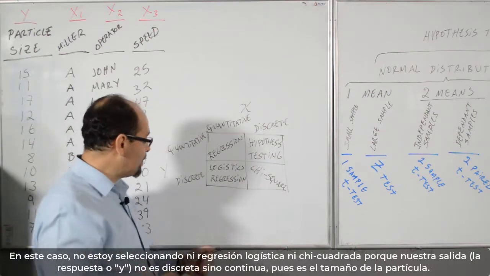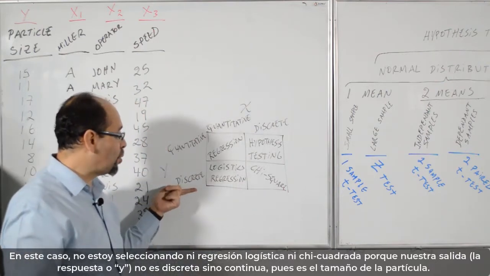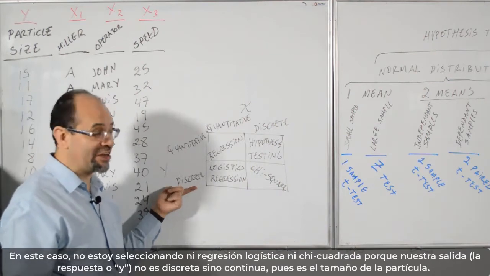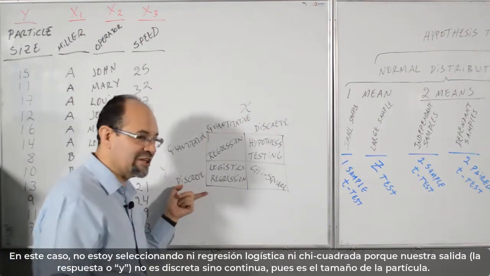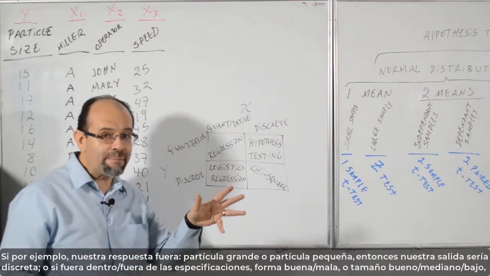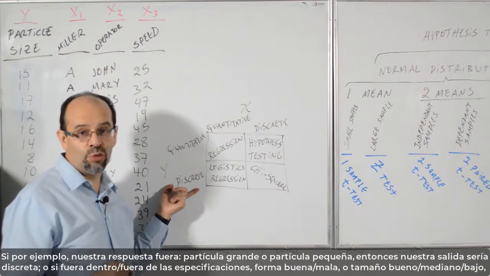In this case, I'm not selecting logistic regression or chi-square because our output, our response, our Y, is not discrete, it's continuous, which is the particle size. If, for instance, our response was a big particle or small particle, then our output would be discrete.